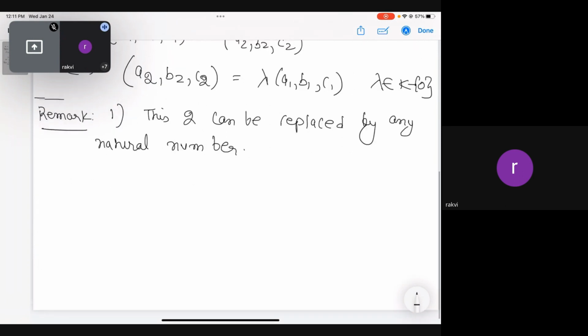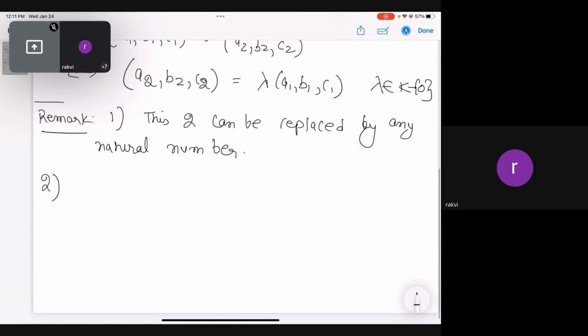The second thing is, in some general settings, instead of just insisting that we have a common lambda, we can talk about weighted projective space.